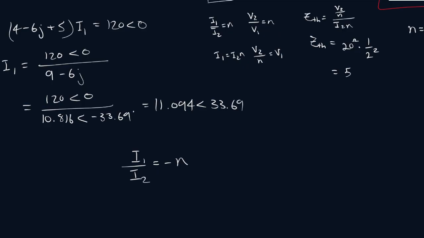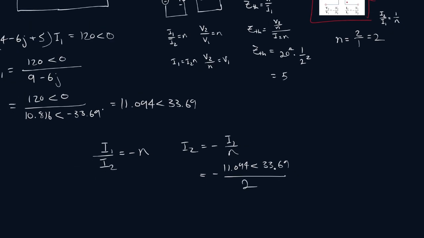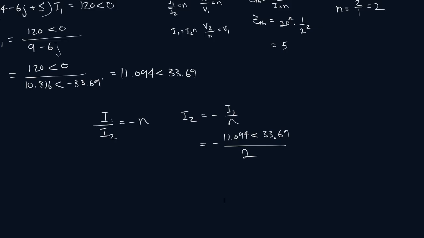We know what I1 is and we need to find I2. So it's minus 11.094 phasor 33.69 all over N, which we calculated to be 2. We get minus 5.547 phasor 33.69.